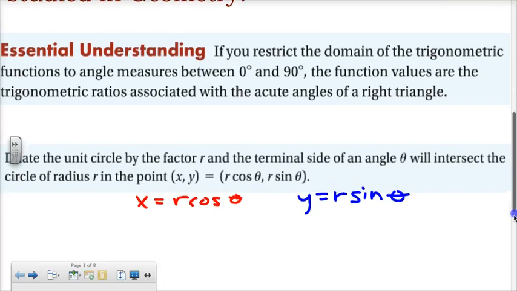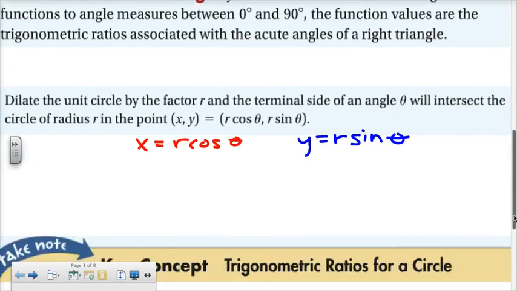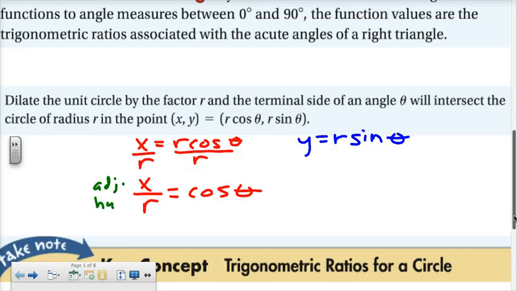So I look at these as if they're a formula that needs to be solved. And I start thinking, okay, well, we all know that cosine was adjacent over hypotenuse. So I think I'm going to get cosine by itself. And that would tell me that since cosine is adjacent over hypotenuse, the adjacent side is the x-coordinate that I have, and then my hypotenuse is whatever the radius of that circle is, r.